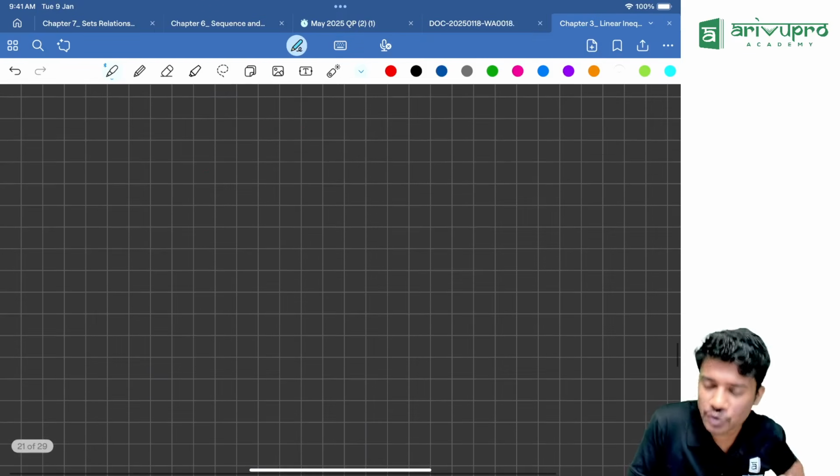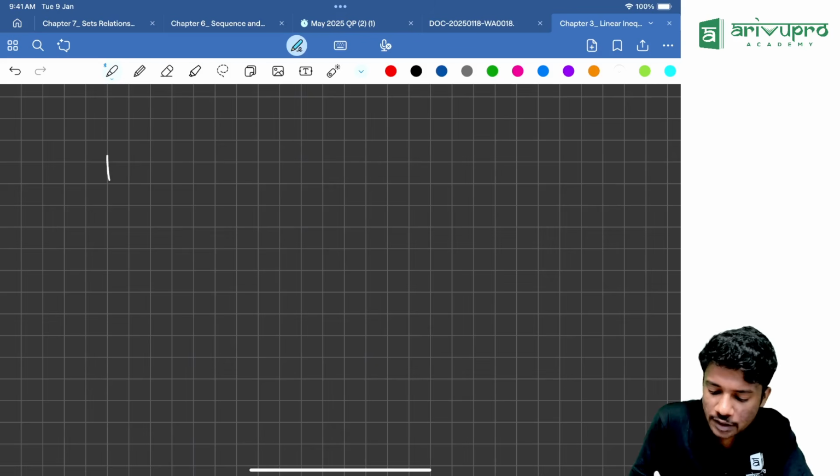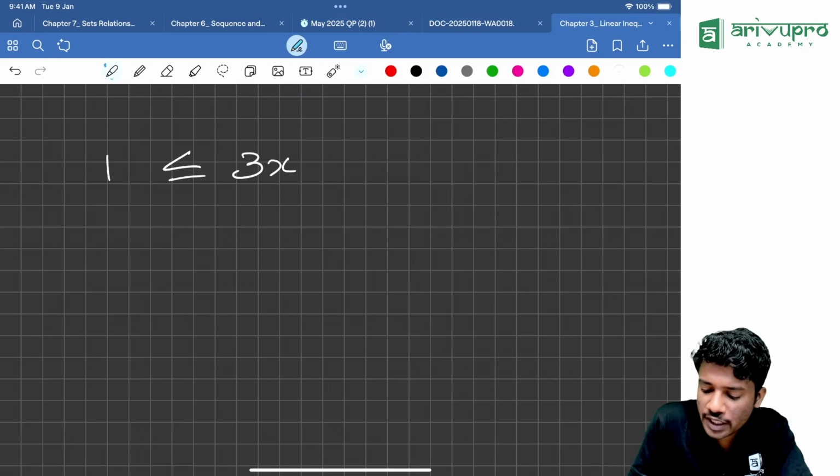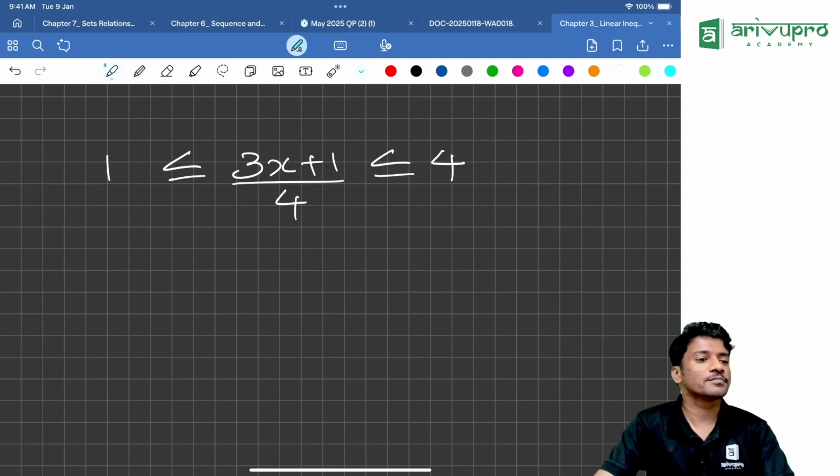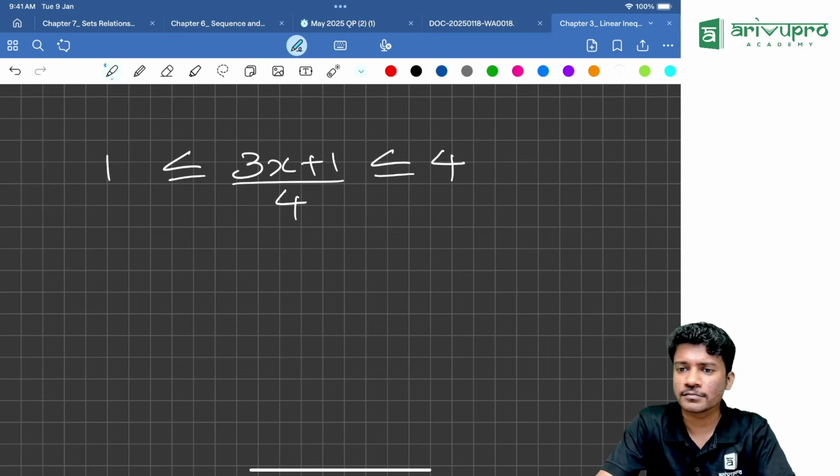Now I will change the question a little bit. 1 less than or equal to (3x plus 1) divided by 4 less than or equal to 4. What to do here?